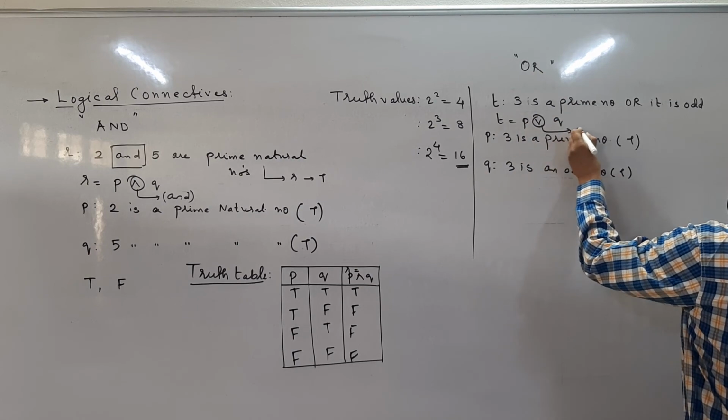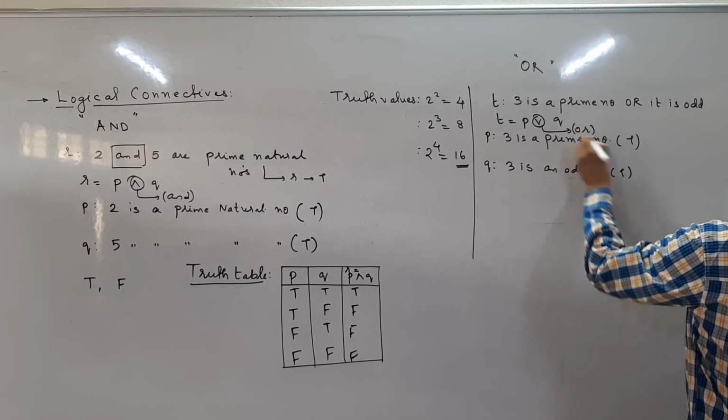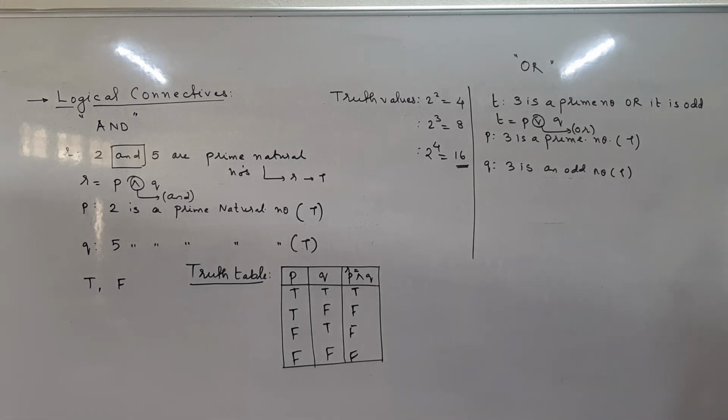This symbol V is read as OR. Then inverted V, students, is read as AND. These notations are not given in the textbook. That is why I am stressing this notation.